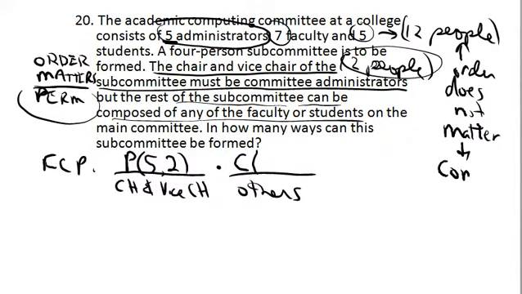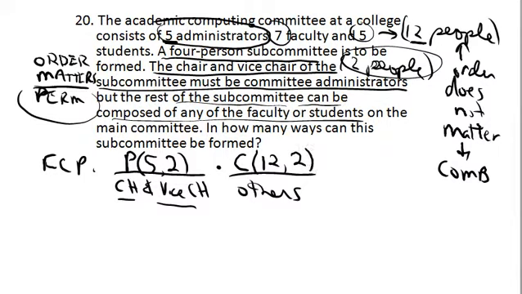And you're choosing from the 12 people, 7 faculty or 5 students, and it's a 4-person subcommittee, so if you've already chosen the chair and vice chair, that means there are only 2 people left to choose to go on the committee.